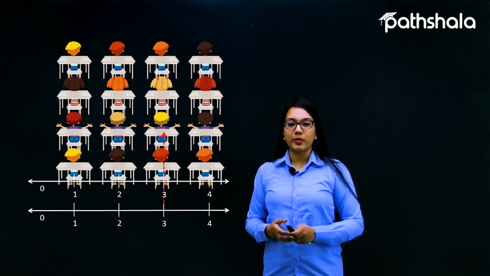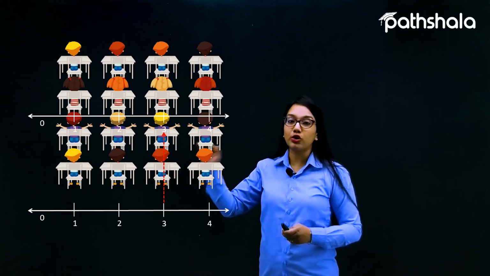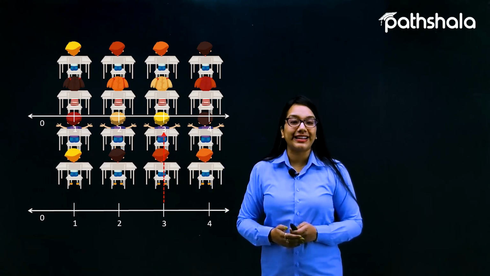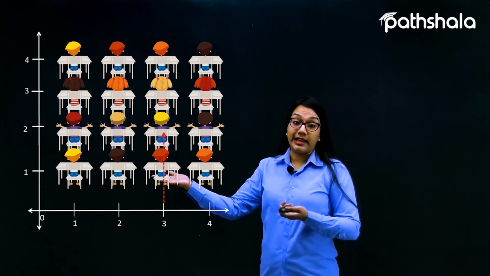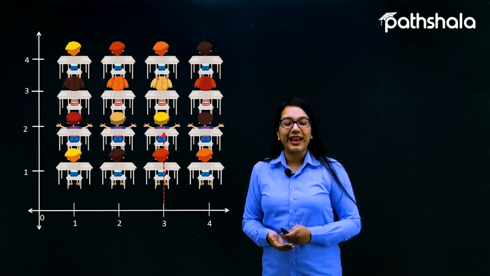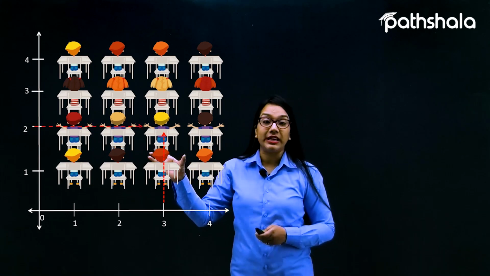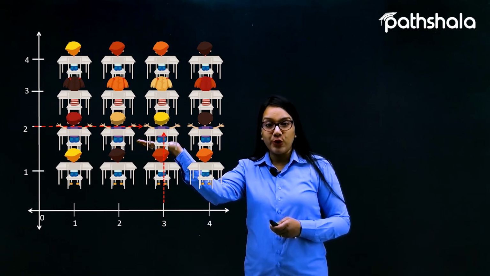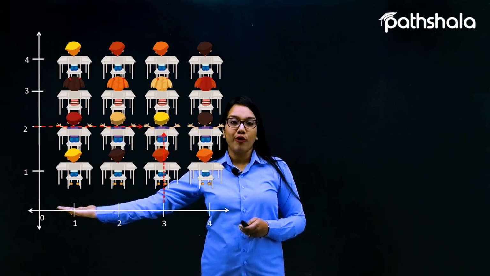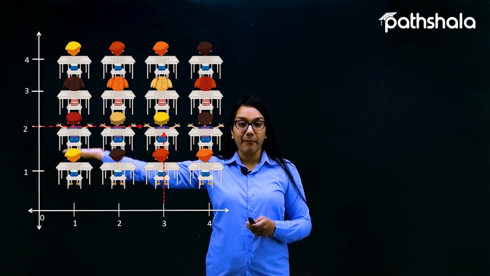So let us suppose we are taking the number line again, but rather than taking it in a horizontal line, we are taking it in a vertical manner, like this. Now we can say that Ria's bench is 2 units above. As we can see over here, from 0 to 1, 1 to 2, it is 2 units above 0.